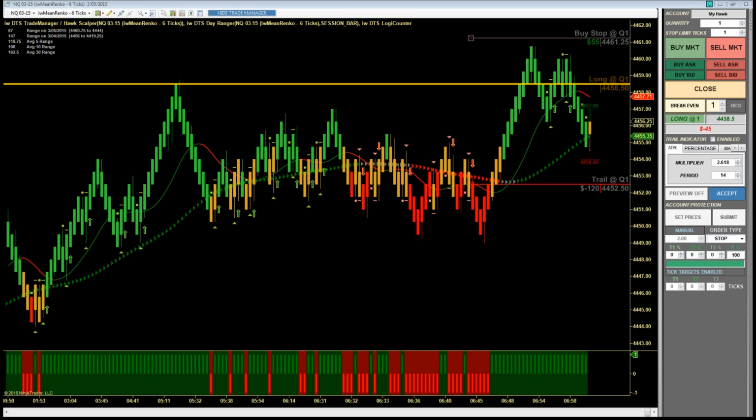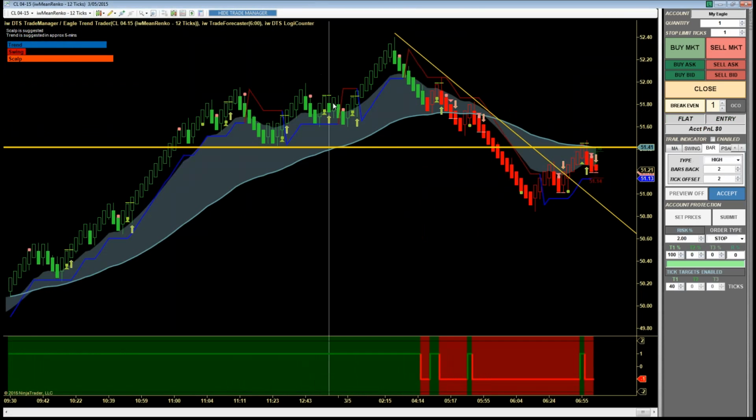Yes, this is going to be an unpleasant type of situation. Here comes crude oil again with another sell signal here on the eagle. We'll see if we get a reaction now to the hard edge. We'll see if we get a second push on this bar now.